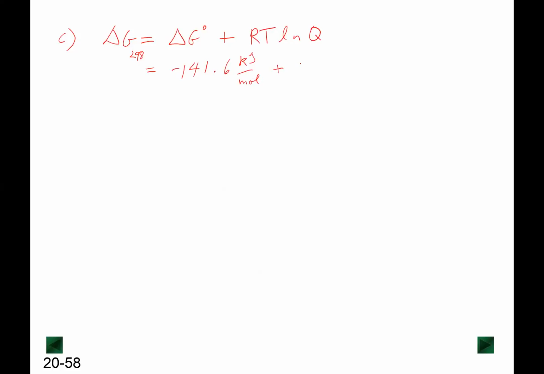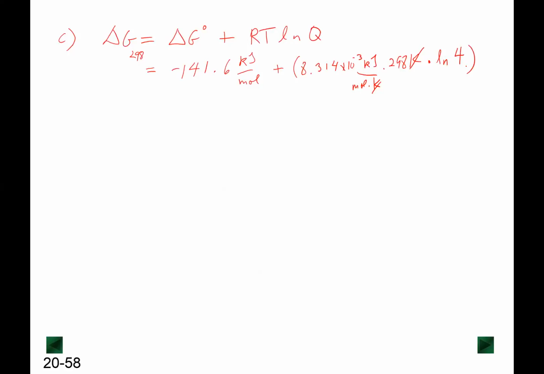And we're going to add our 8.314 times 10 to the minus 3 kilojoules per mole per Kelvin, and then we'll multiply times 298 Kelvin, and then we'll multiply times the natural log of 4, which is our Q that we calculated earlier.